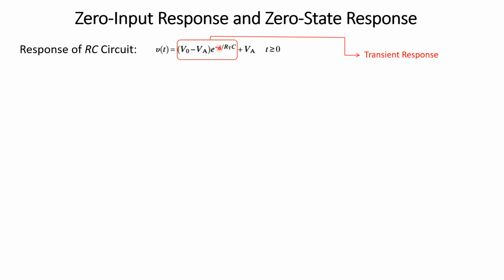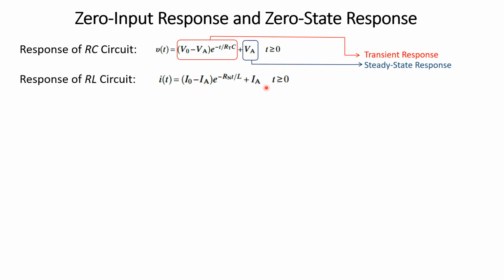These changes are known as transient response, and as time t approaches infinity, the only term left is VA, and VA is the steady state response. Steady state response is the response as t approaches infinity. Transient response is the response while the circuit voltage or current is settling to some steady state value.